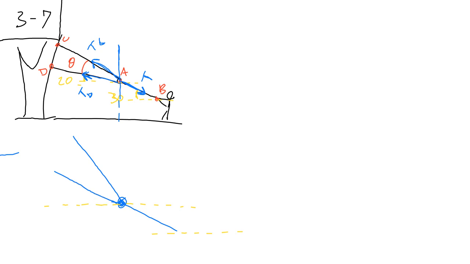And I guess I'll also say this, the tension in both of these ropes is going to be the same. This is the thing with pulleys. If I have something like this, and say TC equals TD.